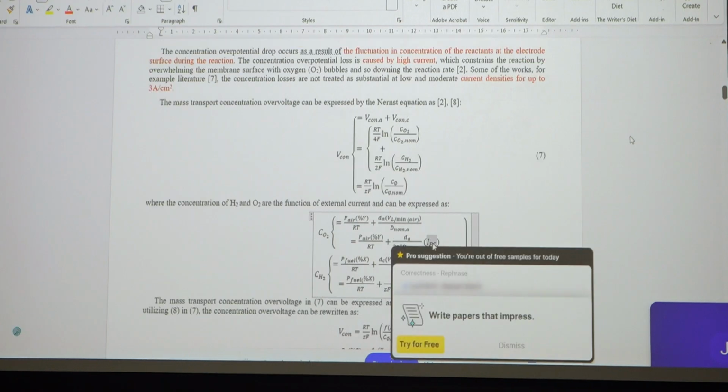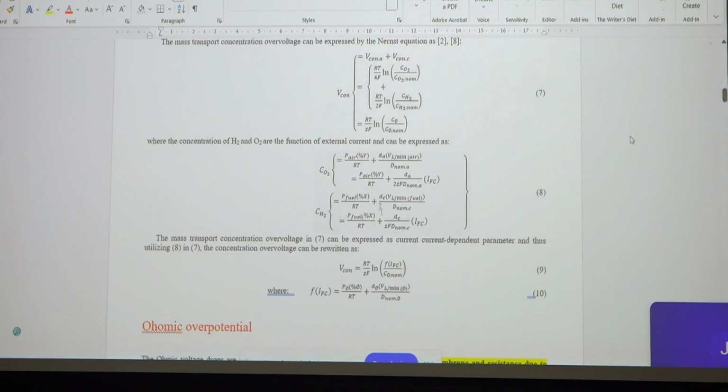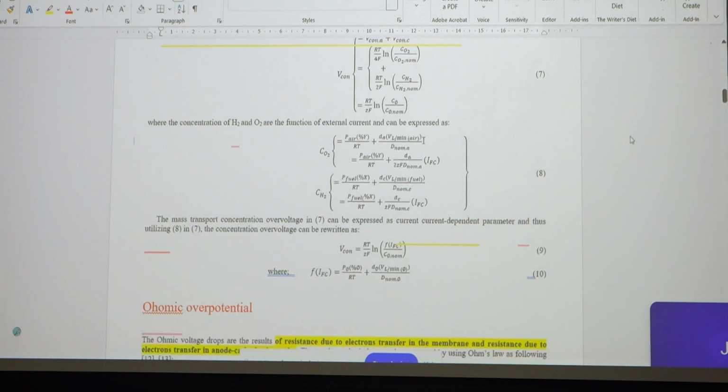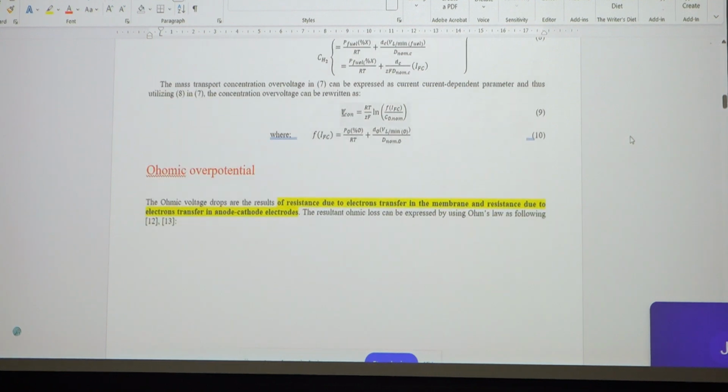If the current density is within this range, that means 3 amperes per centimeter square, then we can use these equations, and after that we can ignore this value. In short form, we can write these equations for the concentration overpotential.